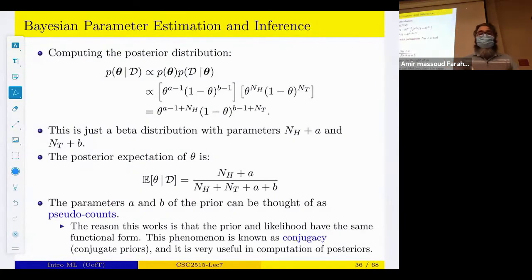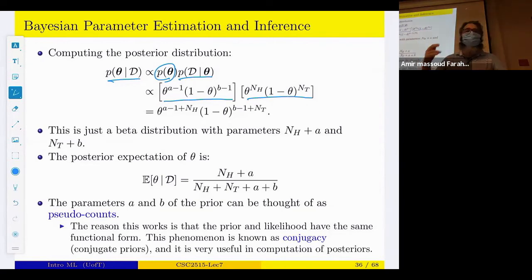Okay, so let's compute the posterior. The posterior is P of theta conditioned on D. It's proportional to the prior times the likelihood. The prior part is the first term, from the beta distribution, and the likelihood is theta to the power of the number of heads, times 1 minus theta to the power of the number of tails, which we saw before.